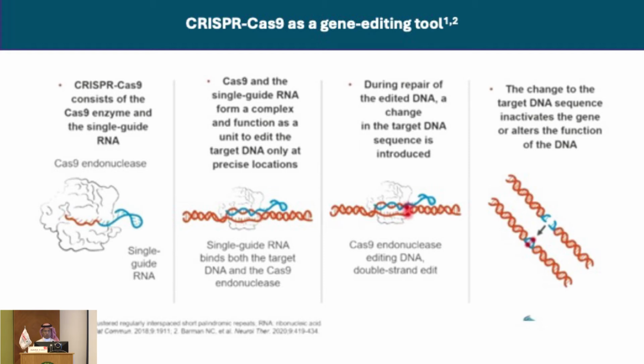That makes the precision. During the repair of the edited DNA, a change in the target DNA sequence is introduced. And the change in the target DNA sequence inactivates the gene or alters its function.